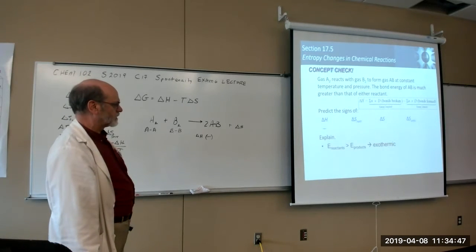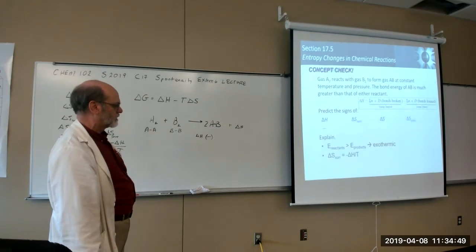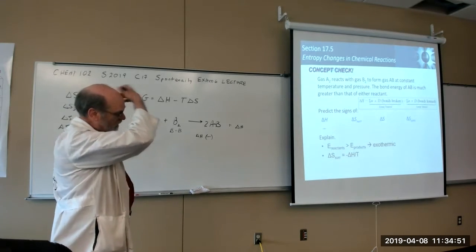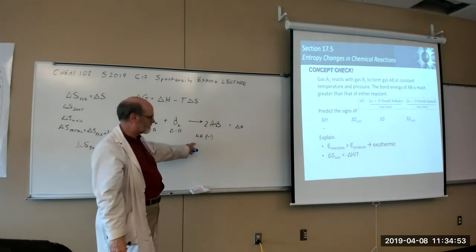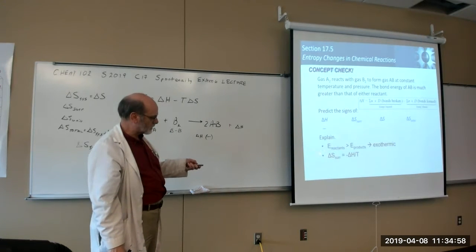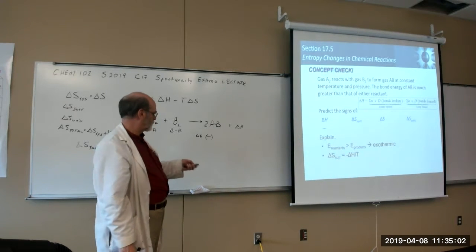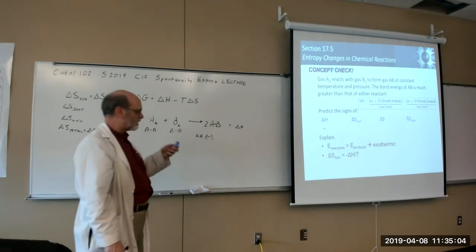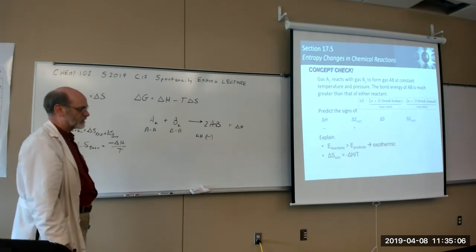Surroundings is a little more difficult to deal with than the system. If delta H is negative, then delta S for the surroundings is positive because of this formula. Right? Negative delta H over T. So we know delta H is negative. That means delta S surroundings has to be positive.